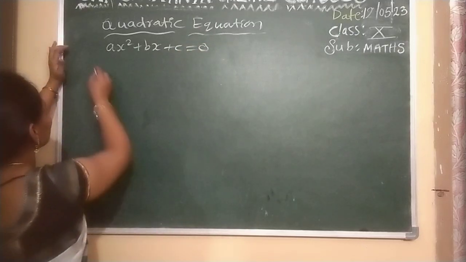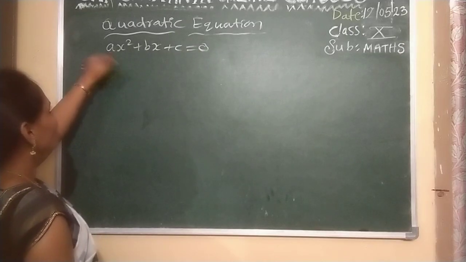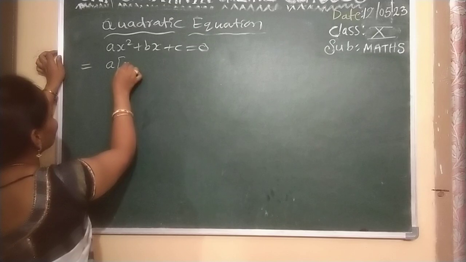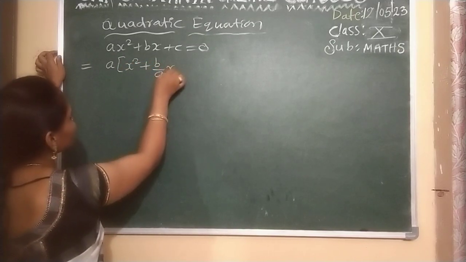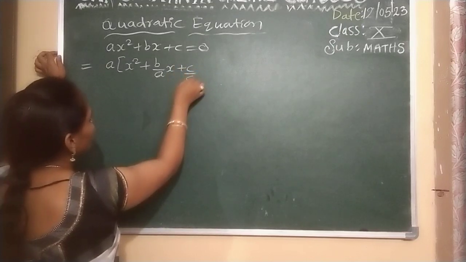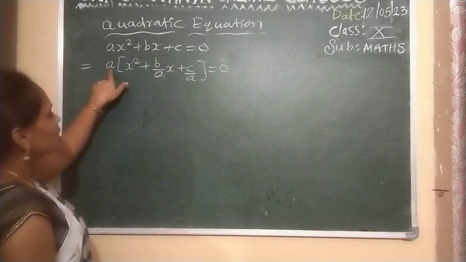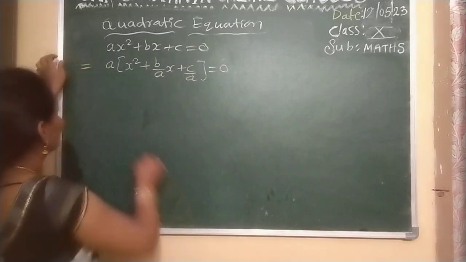Now first step, take a common. If you take a common, x square plus b by a x plus c by a is equal to 0. Now this a we don't want. Let us take the transpose.